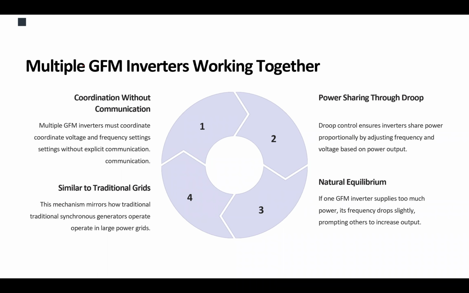Okay, because of their formula, because the Droop control comes from the rotary machine mechanical formulas and control system. They are inspired by that. So the behavior of the GFM mimics very similarly to the traditional resources.